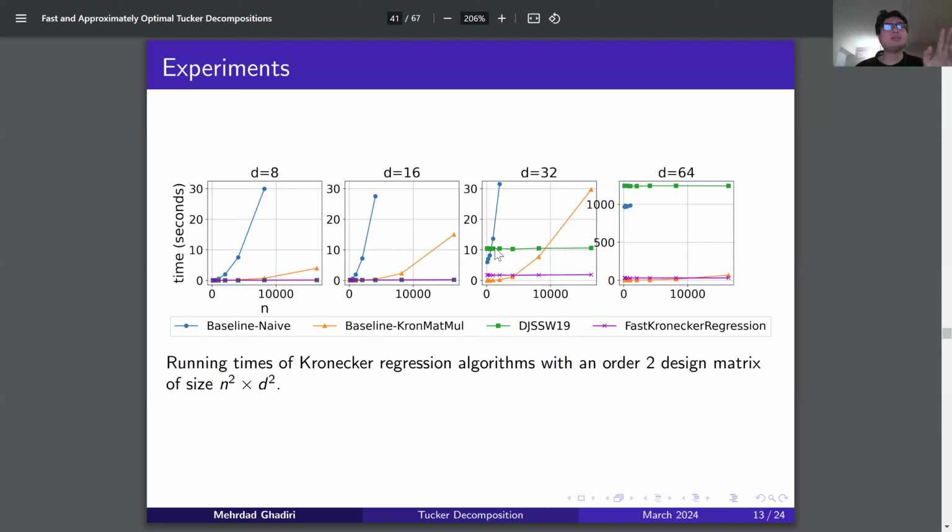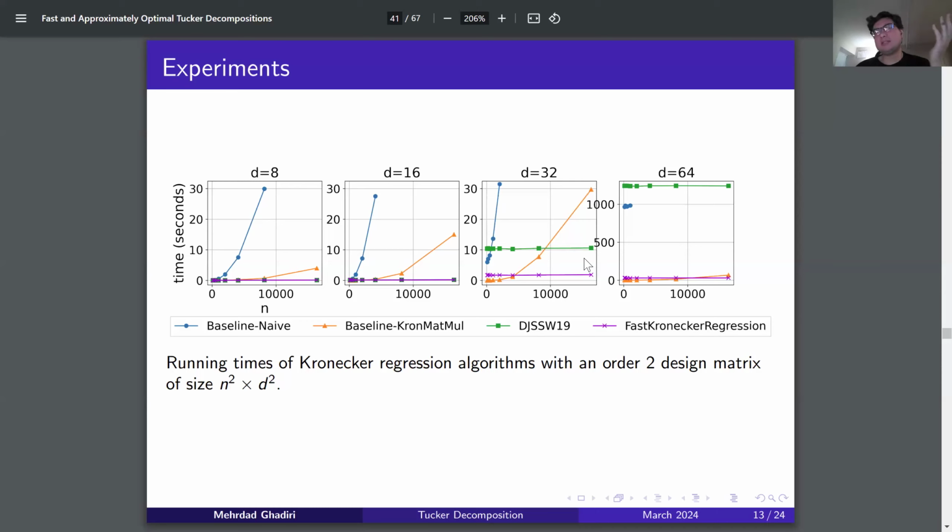Two things you can see here: both our algorithm and theirs, the running time does not increase by much when you increase n. The main reason is that it doesn't matter how large n is, because I'm only going to sample d over epsilon rows and solve the problem on that.